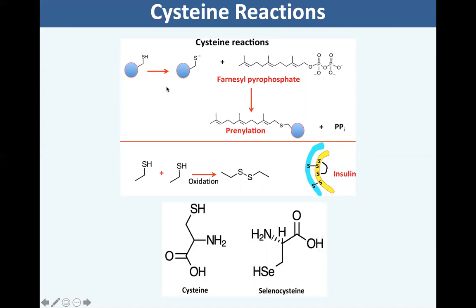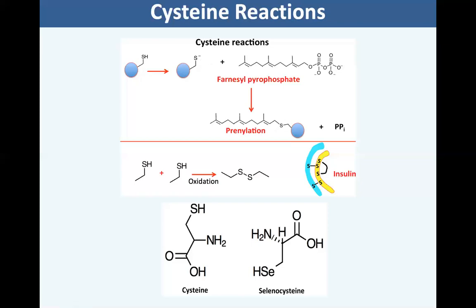Now, on the top panel, what you see is that the sulfhydryl group can be ionized. So it has a pKa around 9 or 10, depending upon its molecular environment. And this sulfhydryl, this anion here, is a strong nucleophile. And what it can do is couple to a number of things. In this case, I've shown you the reaction with farnesyl pyrophosphate.